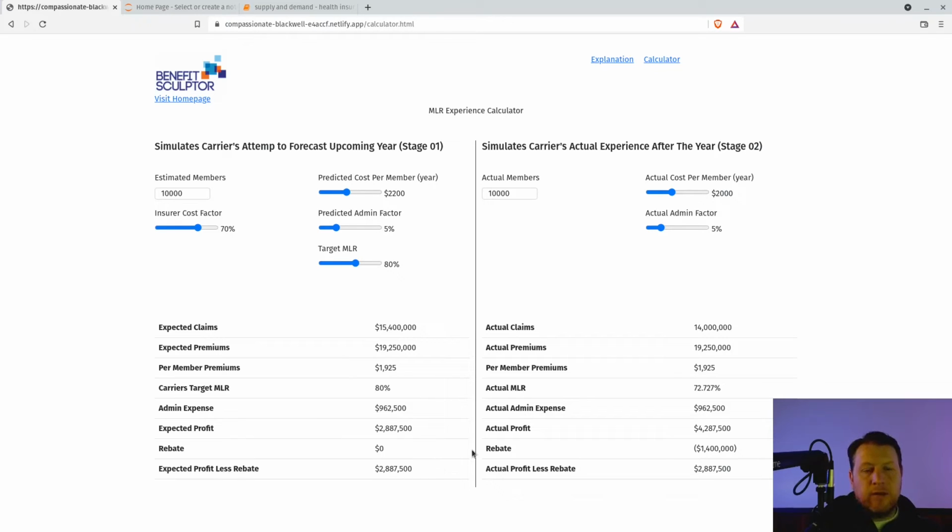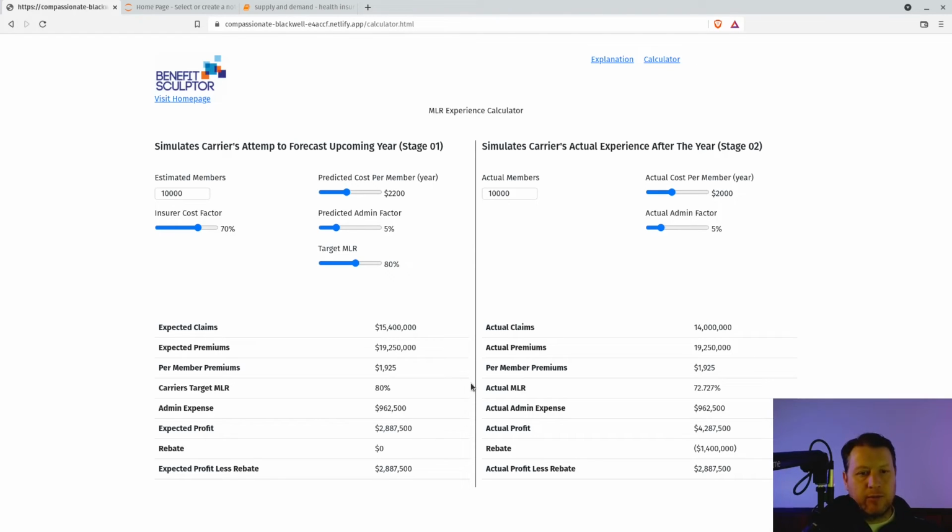But one of the other things that we need to be aware of is that the estimated members that will enroll on the insurance product is subject to the price of these premiums. Any insurance broker knows that premiums are a significant factor in determining how many people will enroll on a product.